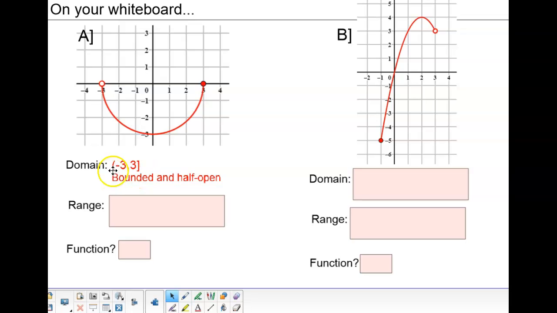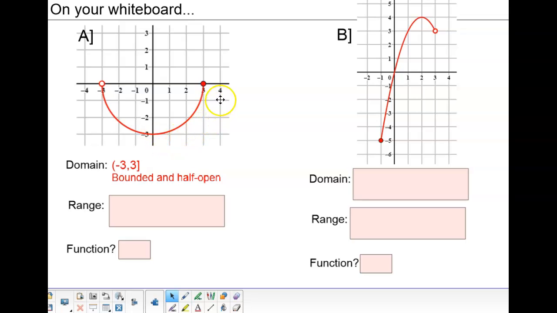It's half open, where the lower bound -3 is open. The higher bound of 3 is closed, and the range is from bottom to top. We've got a lower bound here of -3 in the range, and we don't see an open circle, and so that's going to be considered closed then at -3.